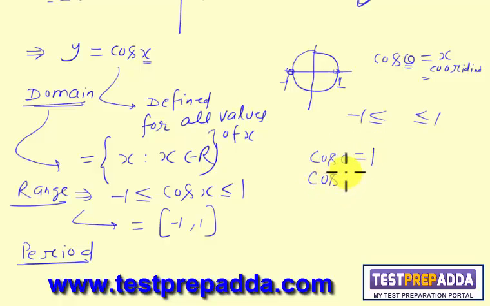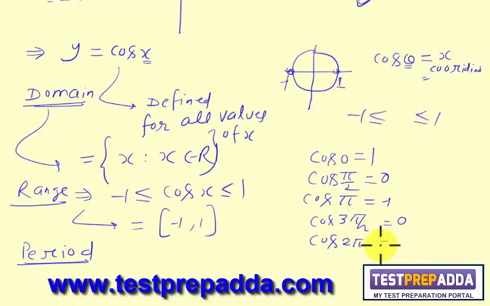Then cos pi by 2 is 0. Then cos pi is -1. Then cos 3 pi by 2 is 0. Then cos 2 pi is 1. You can see now it's repeating. After what interval? 2 pi.